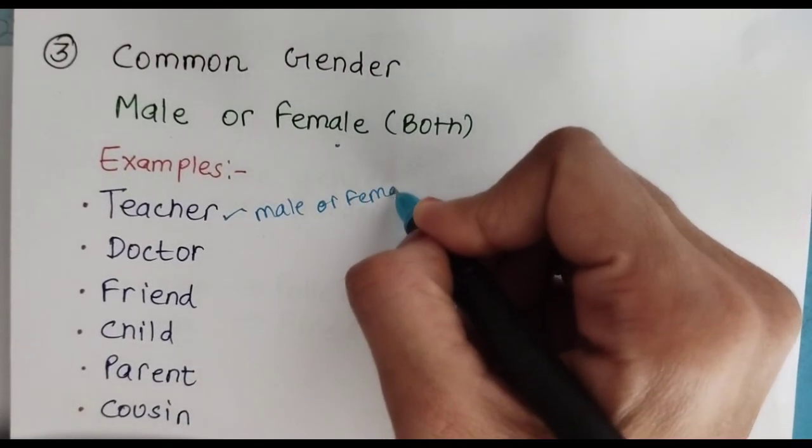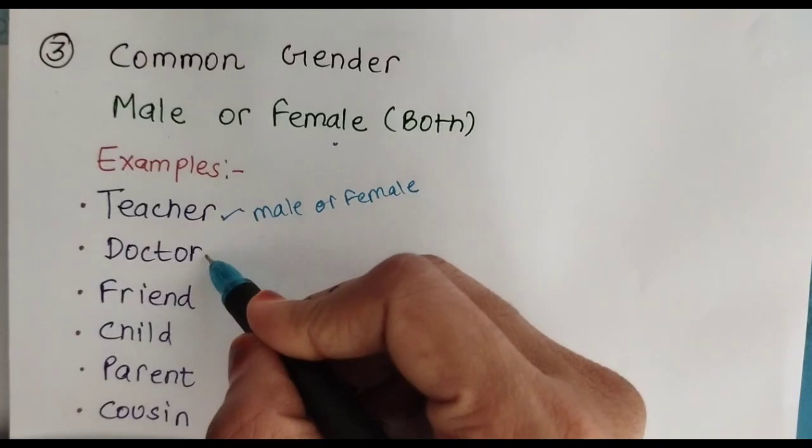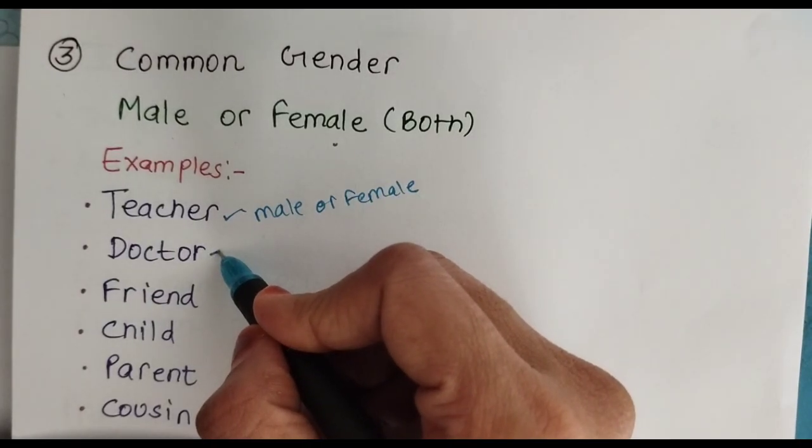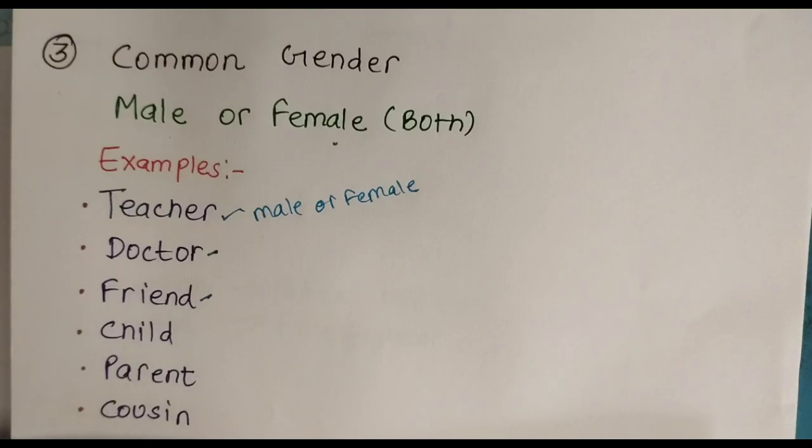So basically we say he is a teacher or she is a teacher. Doctor can also be male or female. Friend can be male or female. We just say he is my friend or she is my friend. If we denote the he or she, then only we can identify whether it is masculine or feminine.